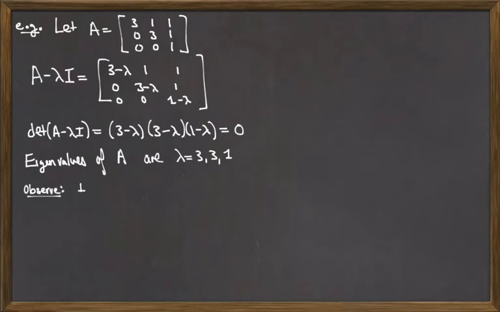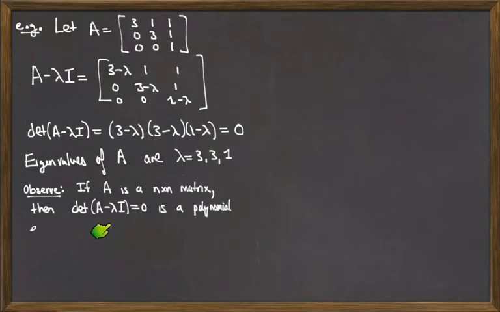Notice what happens here is that if A is an n by n matrix, then this thing called the characteristic equation, the determinant of A minus lambda I, is going to be some big polynomial in this variable lambda. If it's a 3 by 3, we'll get a degree 3, something cubic in lambda. And our previous example was degree 2. We got something quadratic.